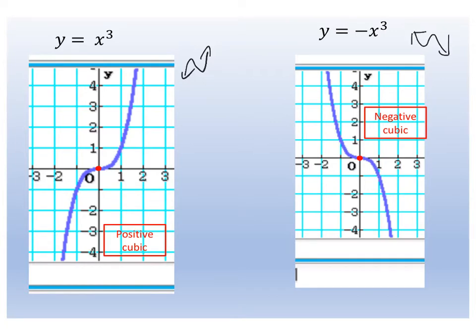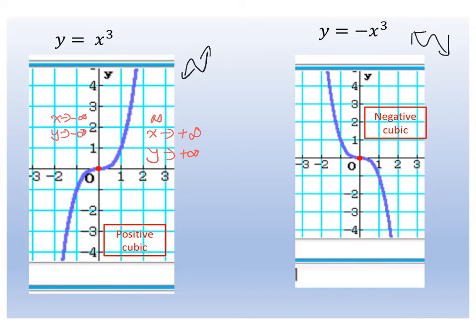All right. So here what we can say is as x approaches positive infinity, y approaches positive infinity. And as x approaches negative infinity, y approaches negative infinity.